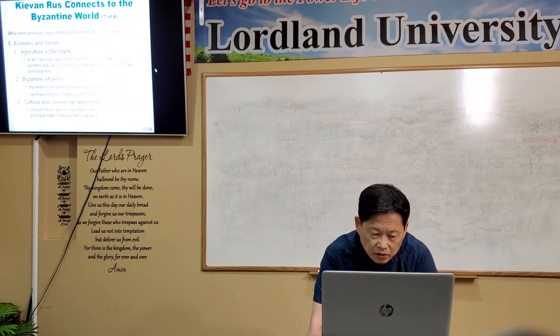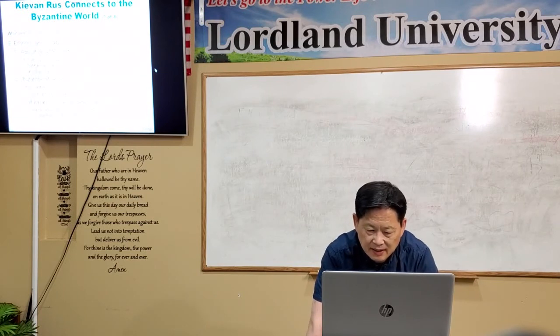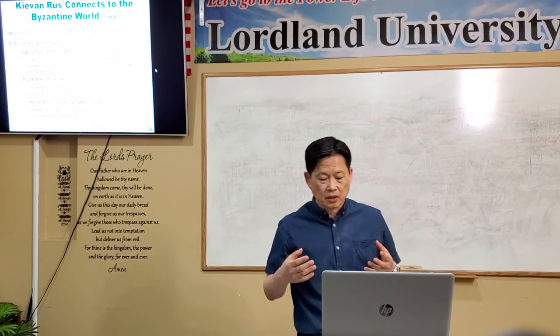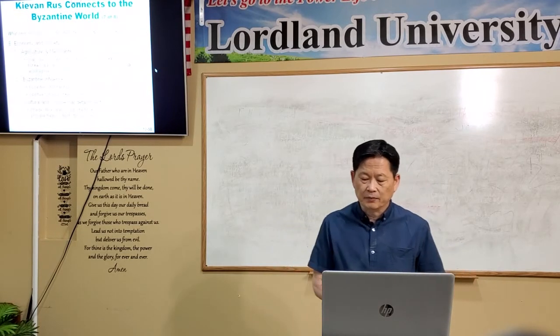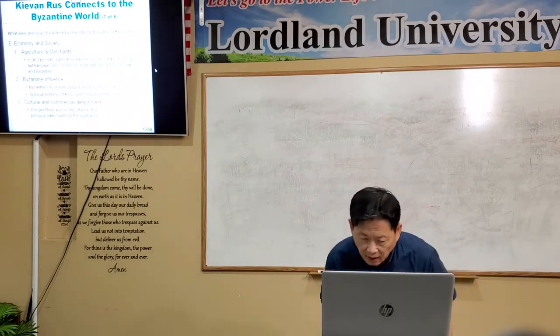Number two, Byzantine influence. Byzantine Christianity played a profound role in Kievan society. However, the spiritual richness of Kiev could not prevent the state's collapse.